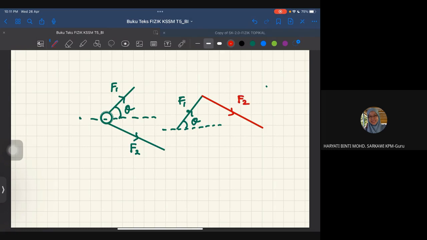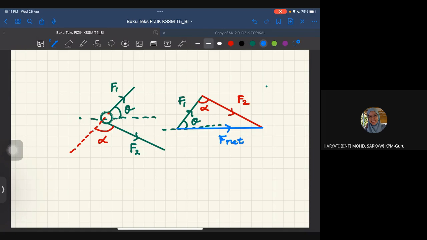And the angle must be correct also. Let's say this is alpha. Then, since the diagram is in scale, if you join the initial to the final point like that, this is actually F net.